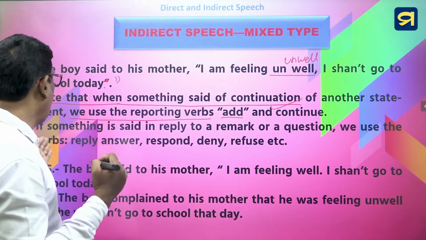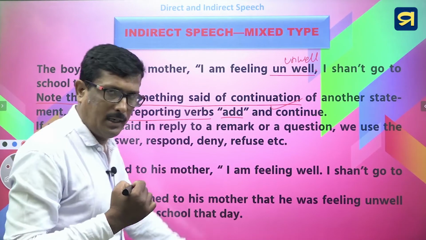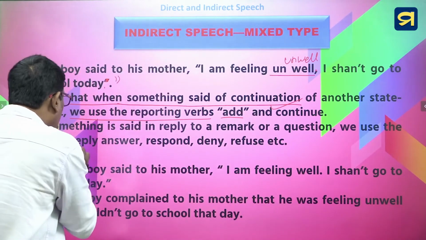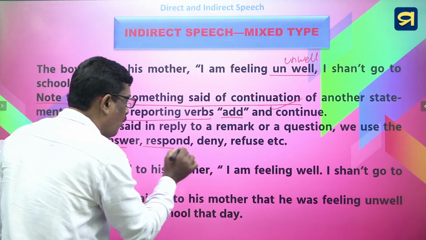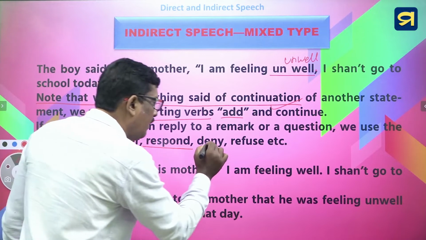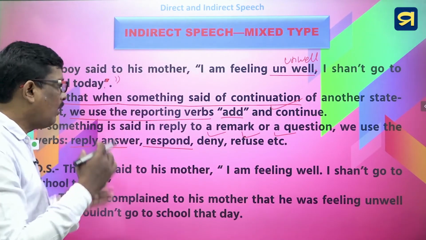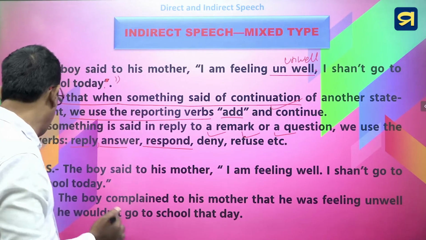If something is said in reply to a remark or a question, we use verbs like reply, answer, respond, deny, refuse, etc. According to the sense of the sentence, we have to use them in this manner.